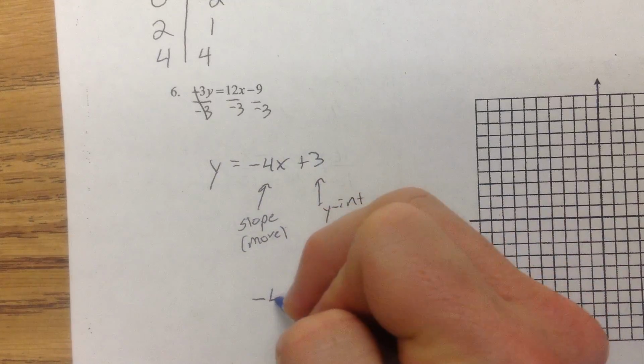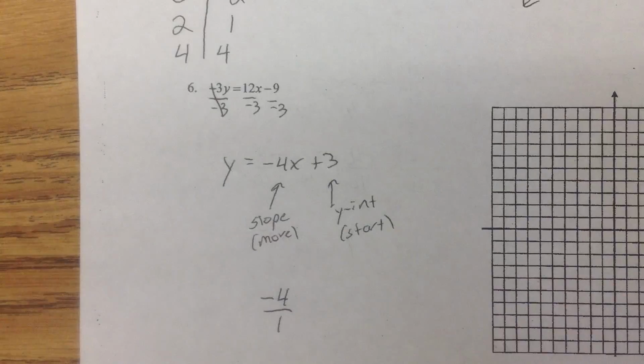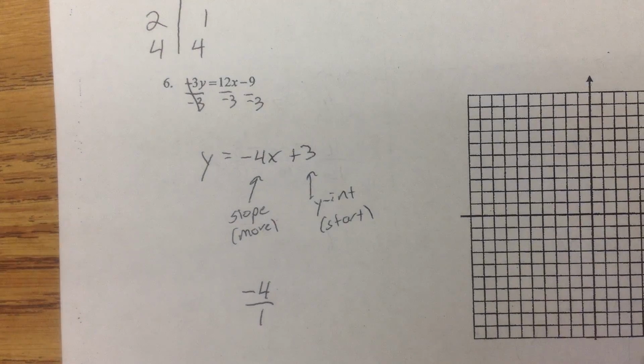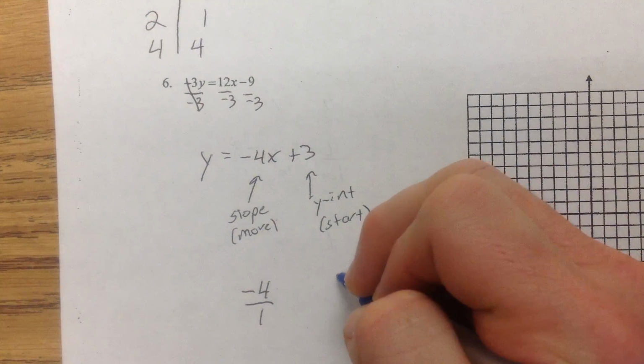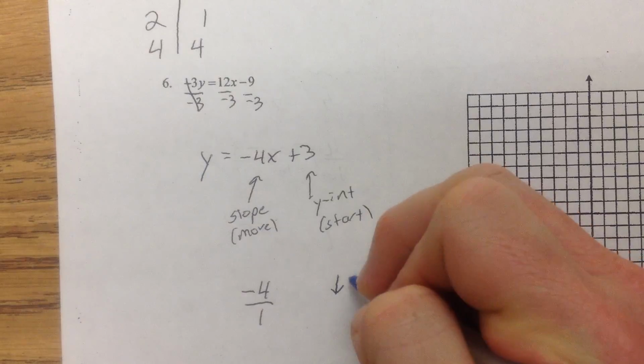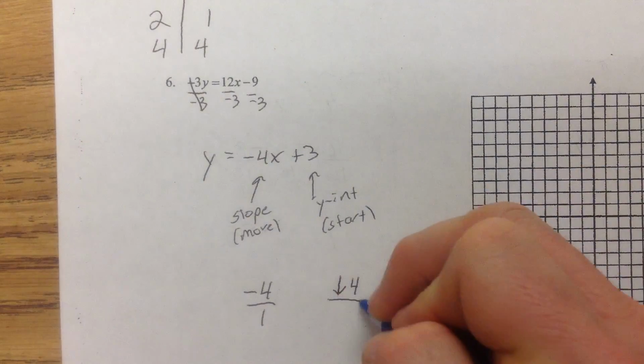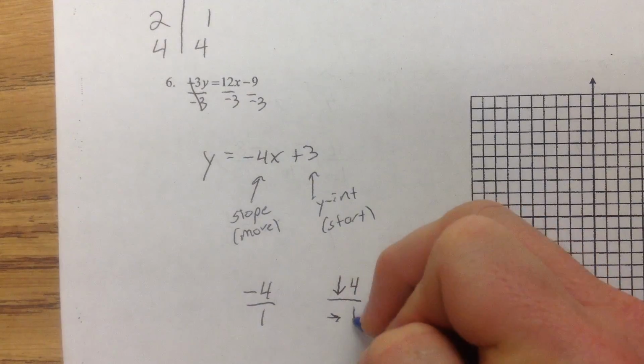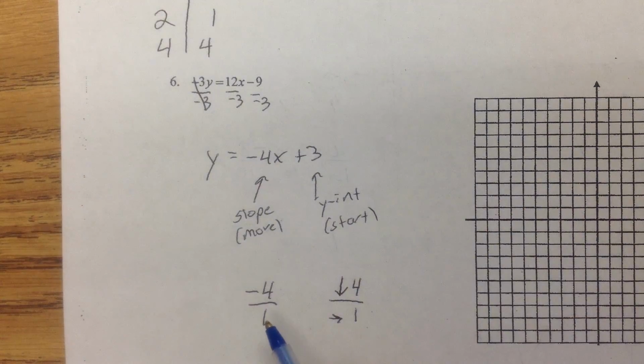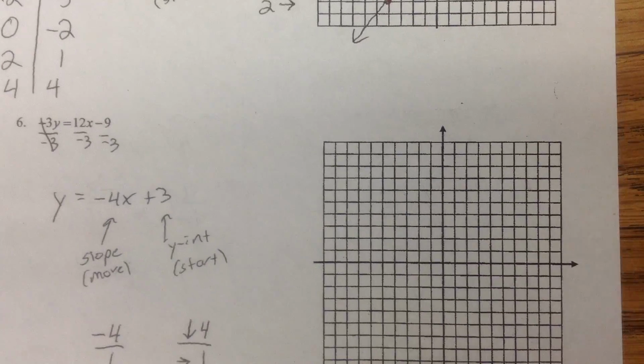Negative 4 is the same as negative 4 over 1, which means in our case we're going to be going down 4 because our top number is negative, and we're going to go to the right 1 because our bottom number is positive.